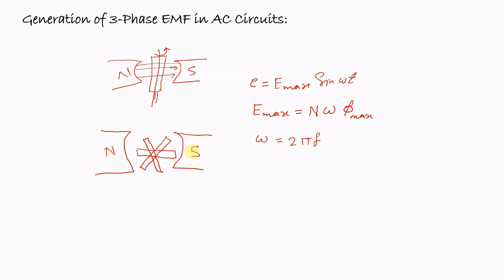That means their number of turns, the conductor used, their dimensions, they should be identical. And if these three coils are made to rotate with a constant speed within a constant magnetic field, then three EMFs will be induced in three different coils. This is the concept of the three-phase EMF.